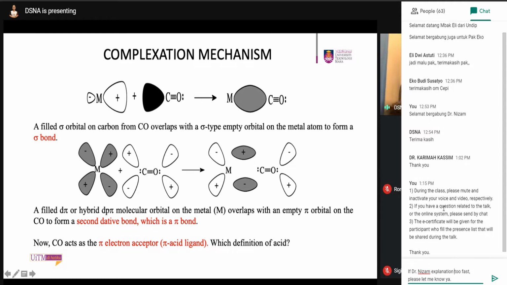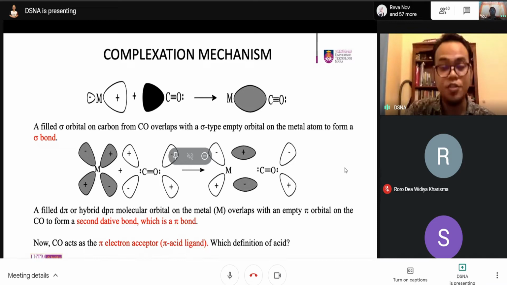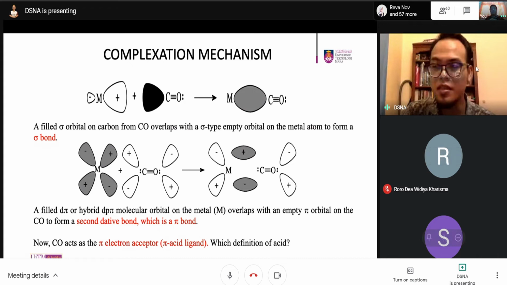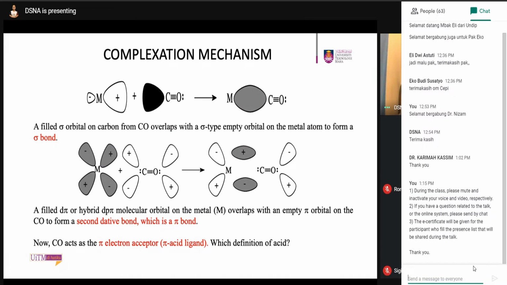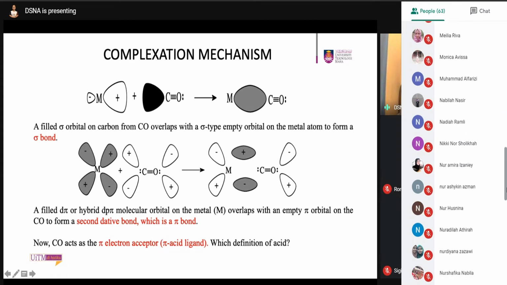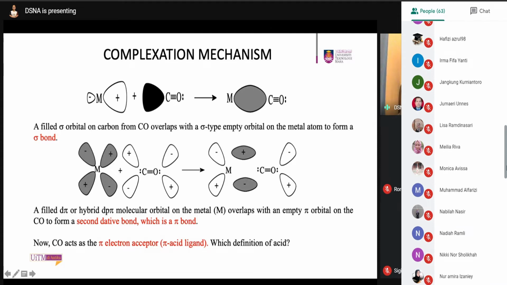The electrons move from the HOMO of carbon monoxide into the empty orbitals of the metal. I denote this as positive because the metal is electropositive by nature, so it tends to be positive. Then there will be an overlapping of orbitals between the carbon from carbon monoxide and the empty orbitals from the metal.